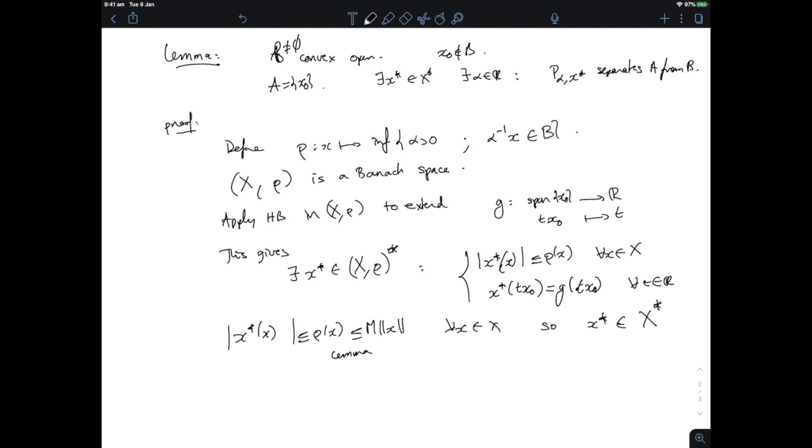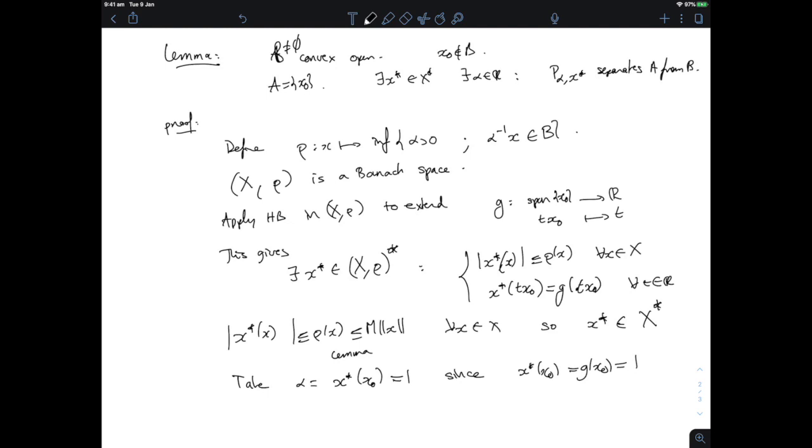So I'm going to take alpha equal to what x star does to x naught. Actually, I should say this is going to have to be 1. So I'm going to take alpha equal that, which is equal to 1, since x star of x naught is g of x naught, and the definition of g puts that equal to 1.